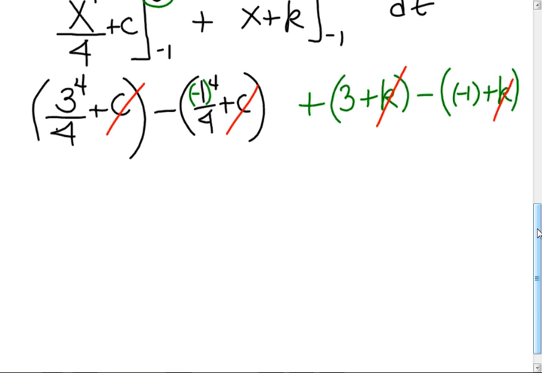Okay, what's 3 to the 4th? Well, it's 3 squared times 3 squared. So what's 9 times 9? So it's 81 fourths. Then, be careful, we had some arguments about this in the last class. Do I take the minus times the minus there, or do I raise that to the 4th power? Exponents first.